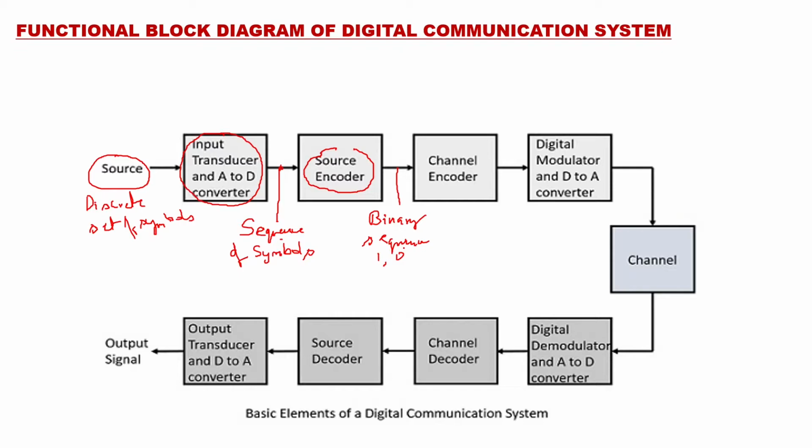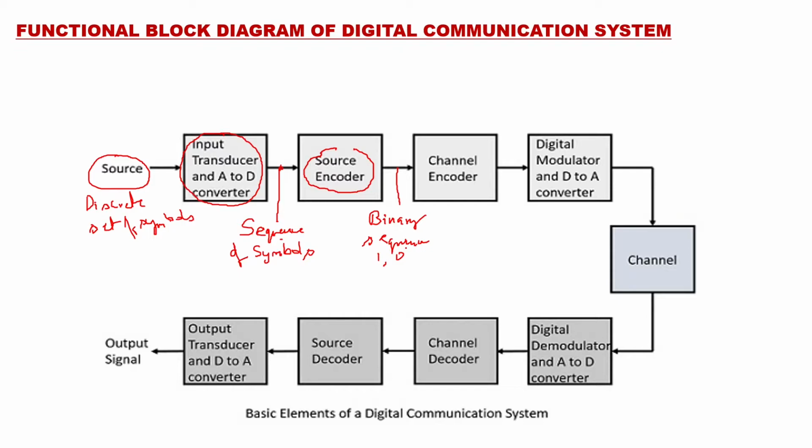Here we can also say that the symbols produced by the information source are given to the source encoder. These symbols cannot be transmitted directly. Therefore, these symbols are converted to digital form, a binary sequence of ones and zeros, by the source encoder. The group of bits in this is called a code word. For each symbol, there will be a unique code word.